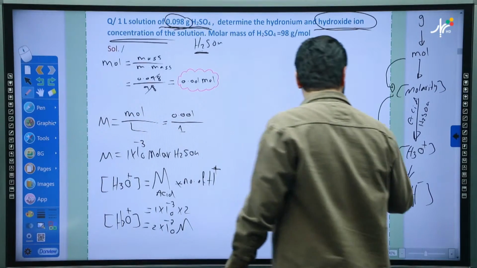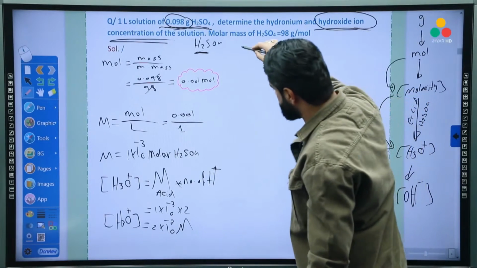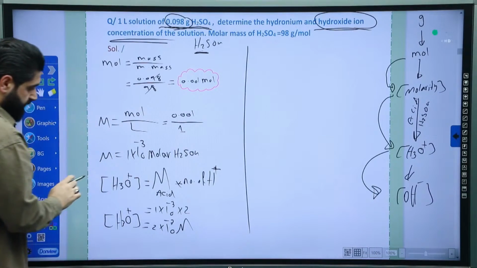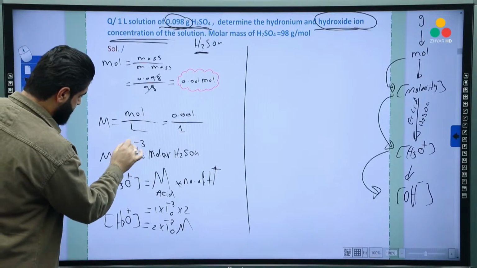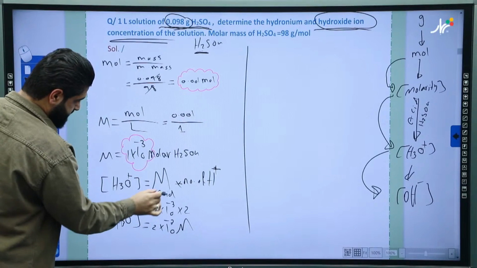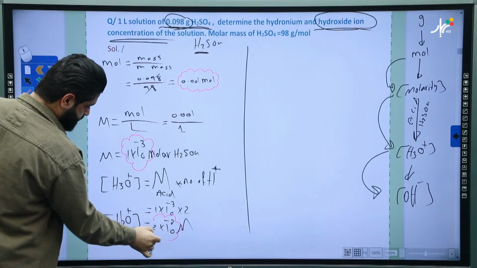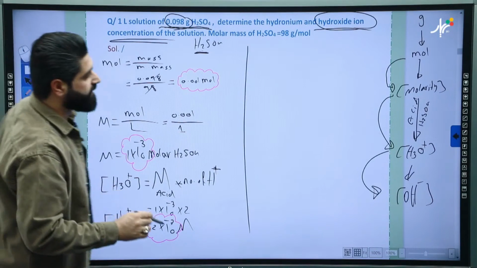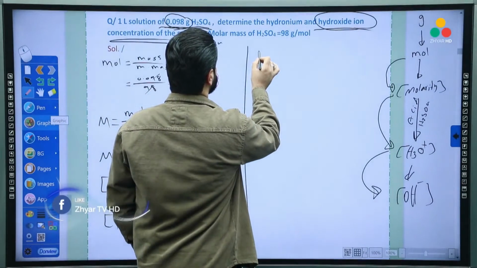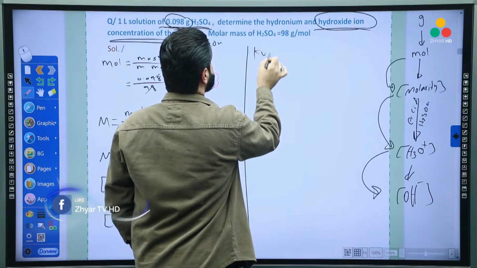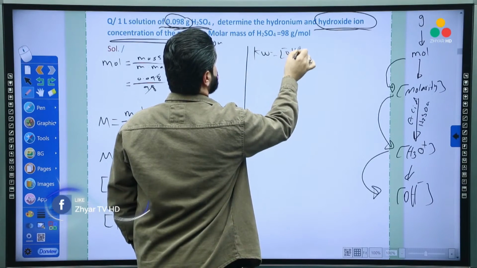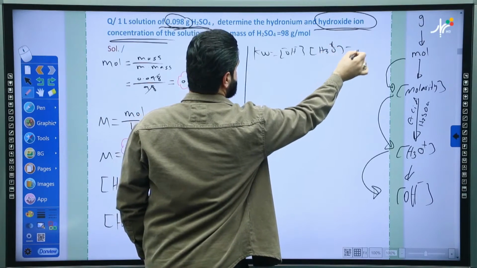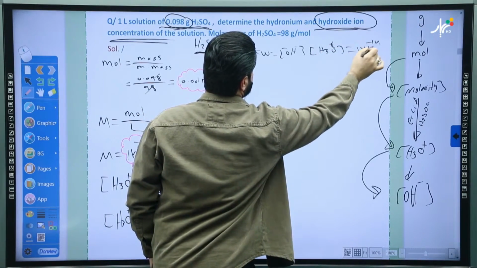Then we can change H3O into OH concentration. Let me focus on the pointers. This is molarity, and this is H3O, and we are looking to get the value of OH, hydroxide. According to the Kw value, OH times H3O is equal to 1 times 10 to the negative 14.